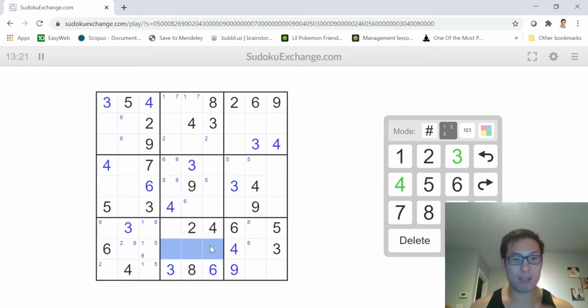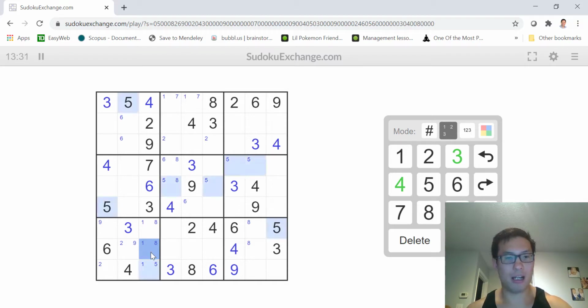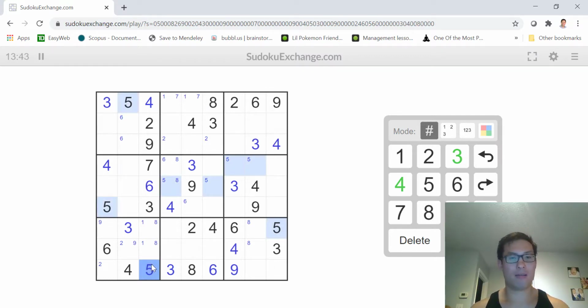So 5, because it can only go in these 3 spots, means that 5 cannot go here, here, or here. Cool. How does that help us? It tells me that 5 cannot go here. Based on my notations, 5 could only go here or here. That means that 5 actually has its home right here, which is so nice.